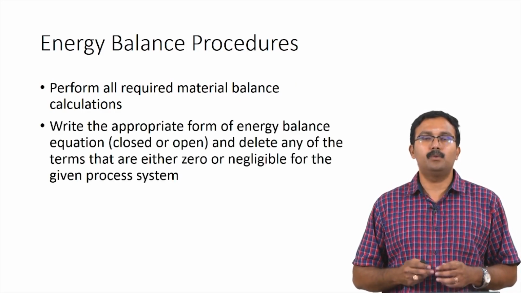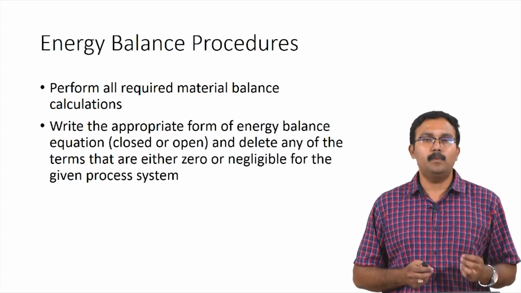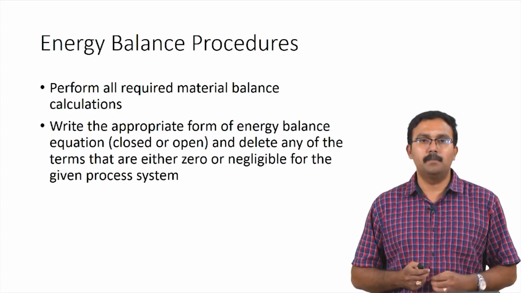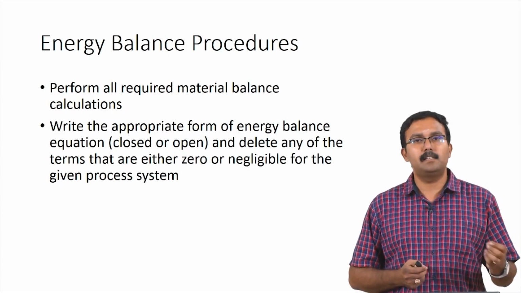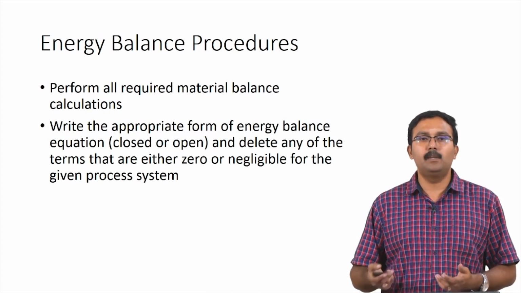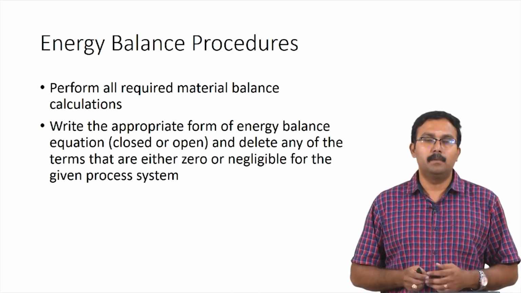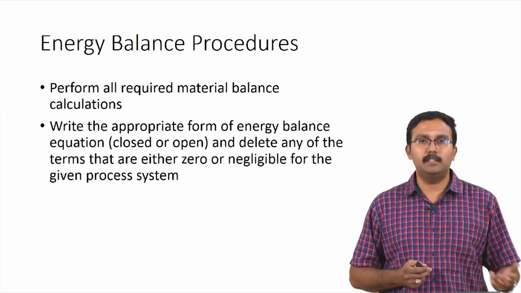The next step is to identify the type of system which you are working with. You need to know whether it is an open system or a closed system, and you need to write down the appropriate form of energy balance, either open or closed system, and you would have to delete any zero term or negligible term. So, if you have no change in velocity, you would assume kinetic energy to be 0.